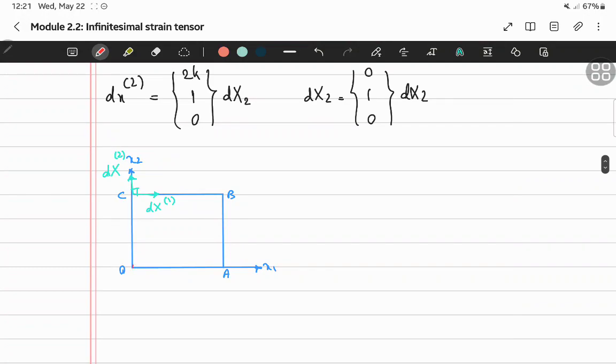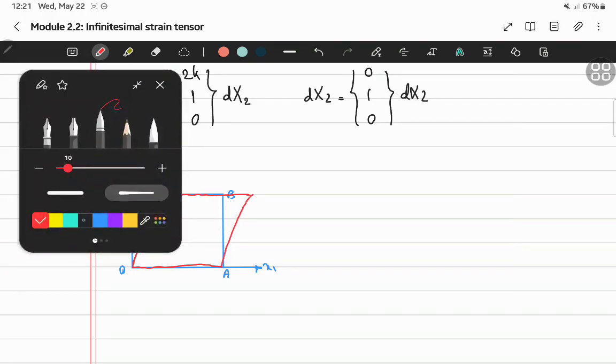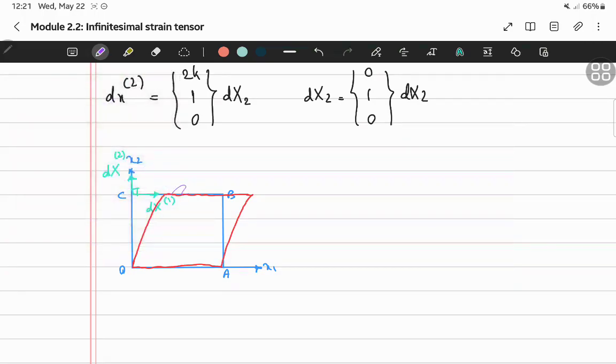So this is my deformed shape. Let me do it with another color.